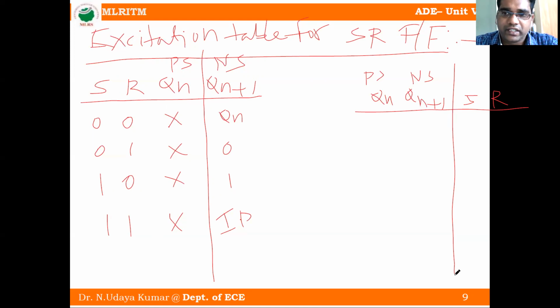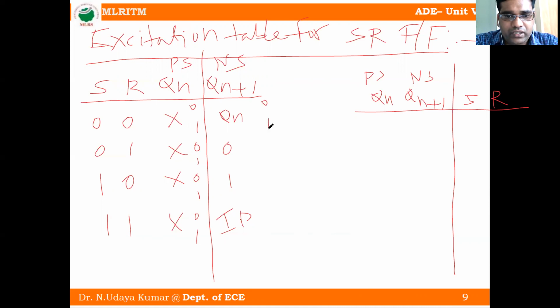So how we will get the mandatory inputs? From the truth table, the extended truth table. So here don't care, cross means we will get either 0 or 1. Here also either 0 or 1. Here also either 0 or 1. Here Qn means we will get same state, 0 and 1.